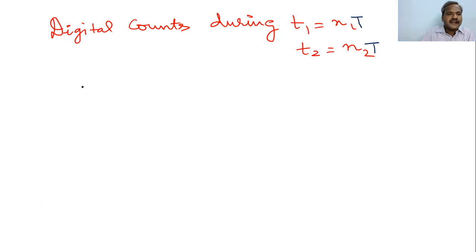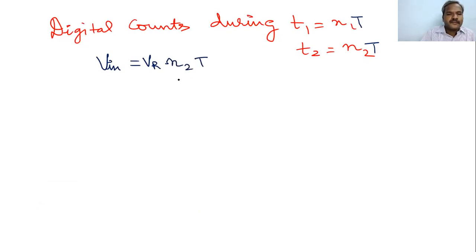So now let's substitute this value here. V in equal to VR into T2 by T1. What is T2?